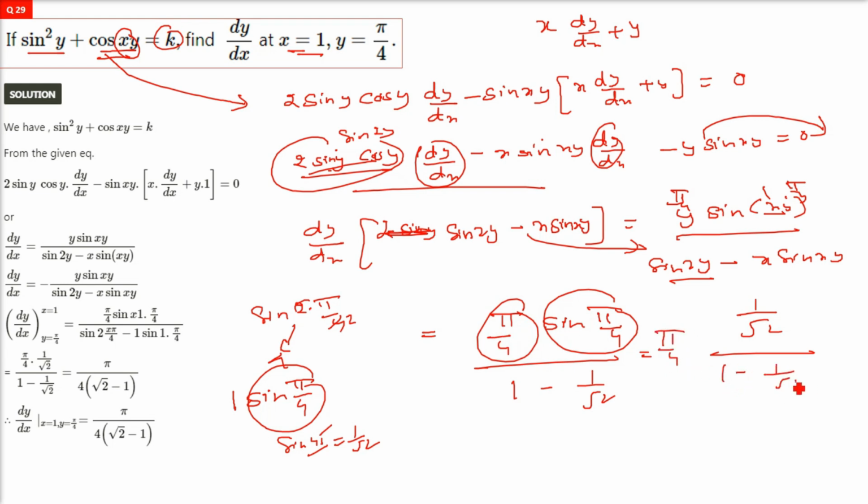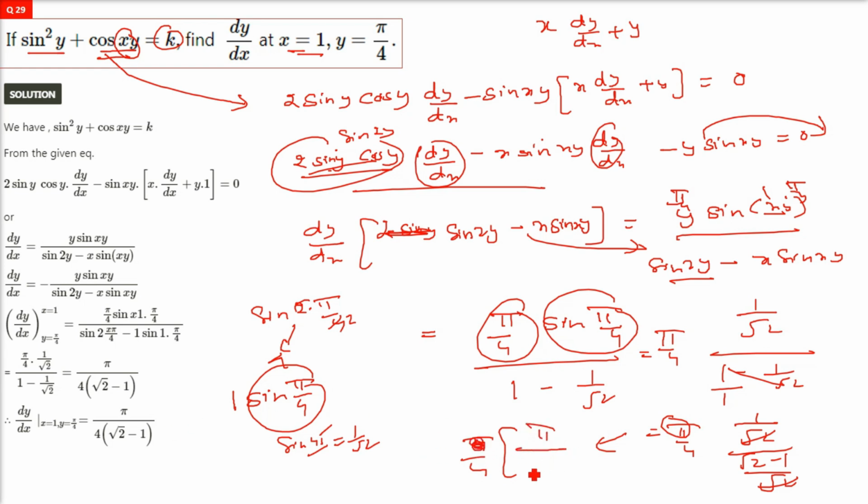Take the LCM in the denominator: it is going to be root 2 minus 1 by root 2. So you can just cancel this root 2. So finally it will be pi by 4 times 1 by under root 2 minus 1. Or if you want to write it the way the book has provided the answer, it's pi by 4 into under root 2 minus 1.